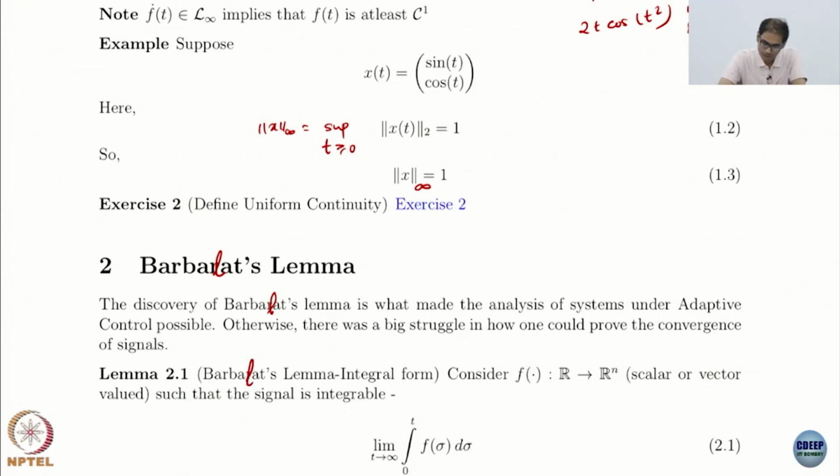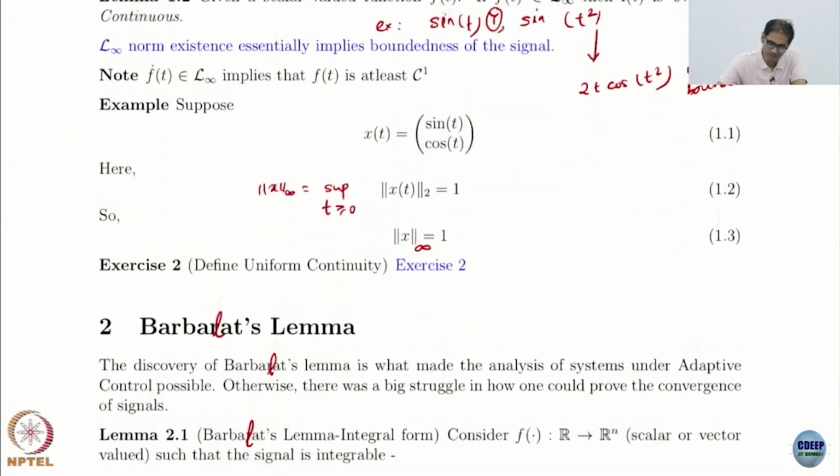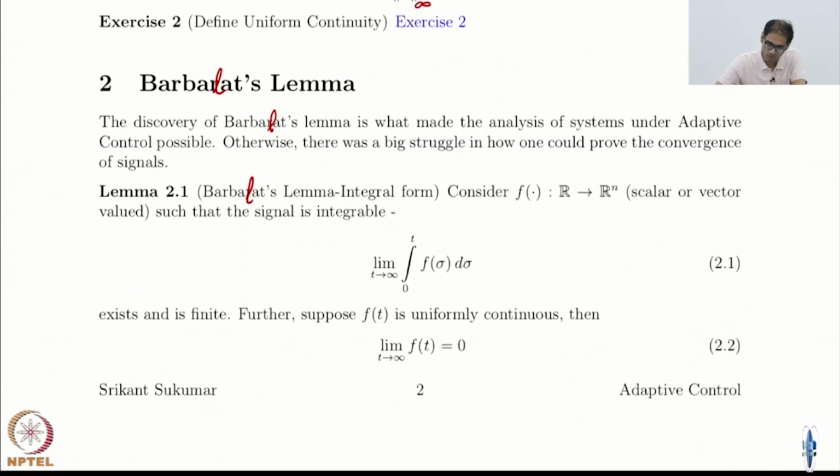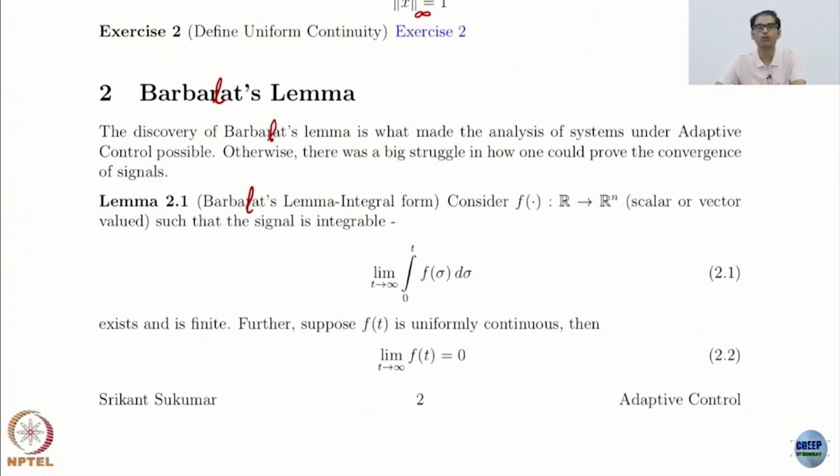So why we talked about these results is because we wanted to reach Barbalat's lemma. This is a sort of equivalence or even extension of the Krasovskii-LaSalle theorem in some ways. If you remember, the LaSalle invariance is talking about convergence to a compact set.